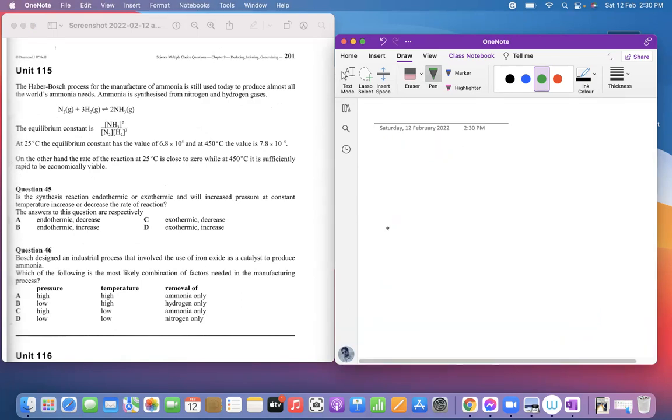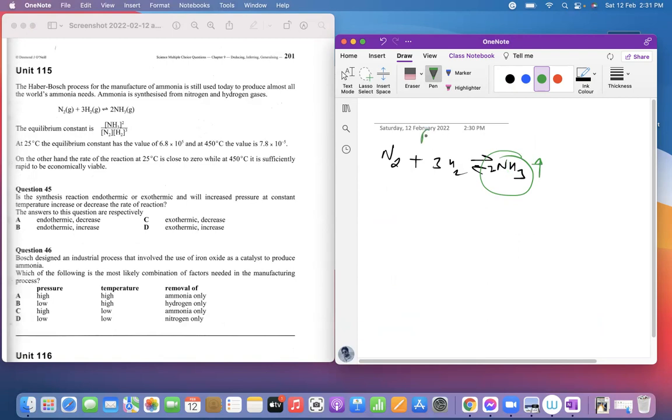It means the best condition for formation of ammonia. If you look at this reaction N2 plus 3H2 giving ammonia, I am asking which is the best method for the formation of ammonia. It means ammonia should form in more amount. That is the meaning of this.